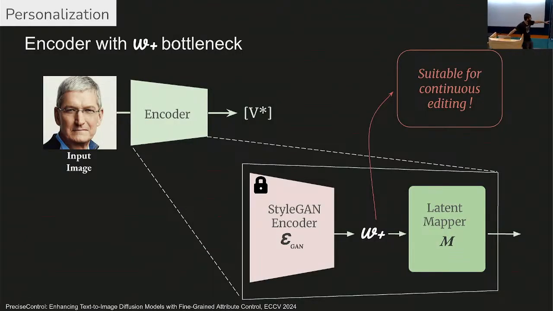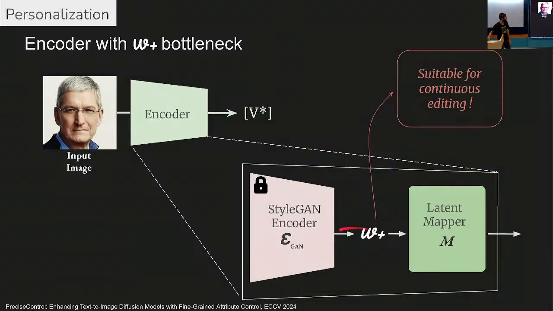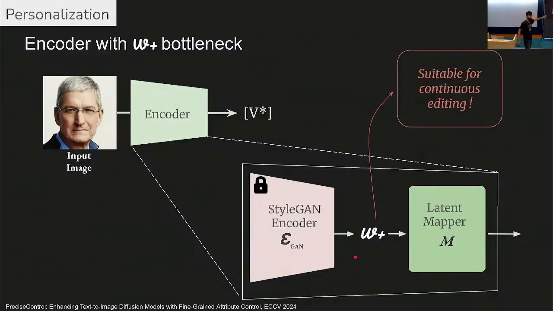It's something in the encoder design. The encoder that we have, we design it as a combination of two modules. One is a StyleGAN encoder, another one is a mapper network. What the StyleGAN encoder does is it takes the input image and projects it into W plus space. It's very easy to train an encoder on top of StyleGAN.